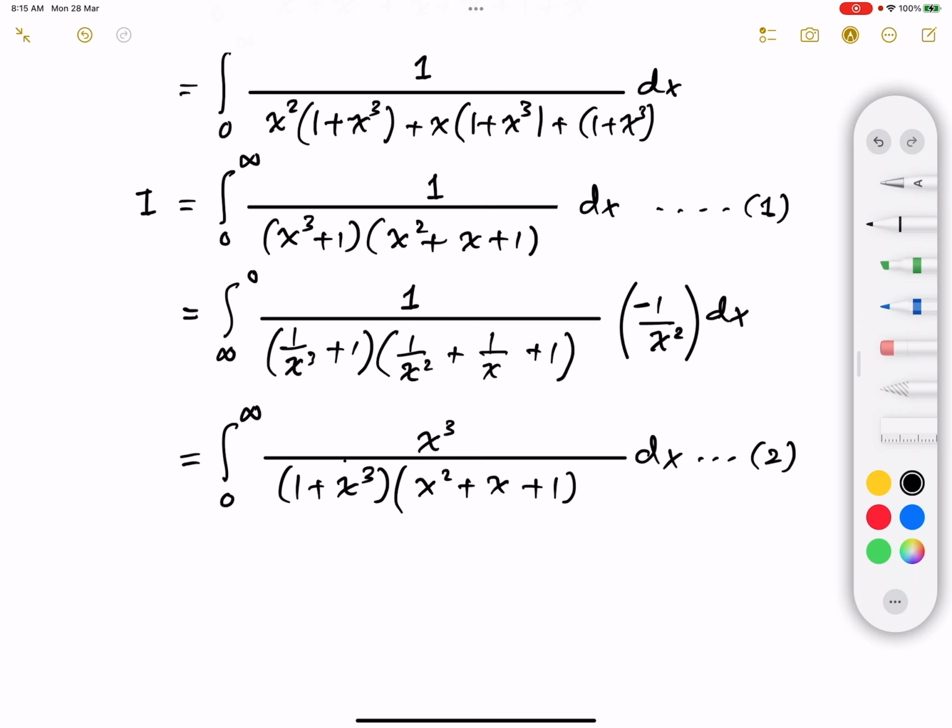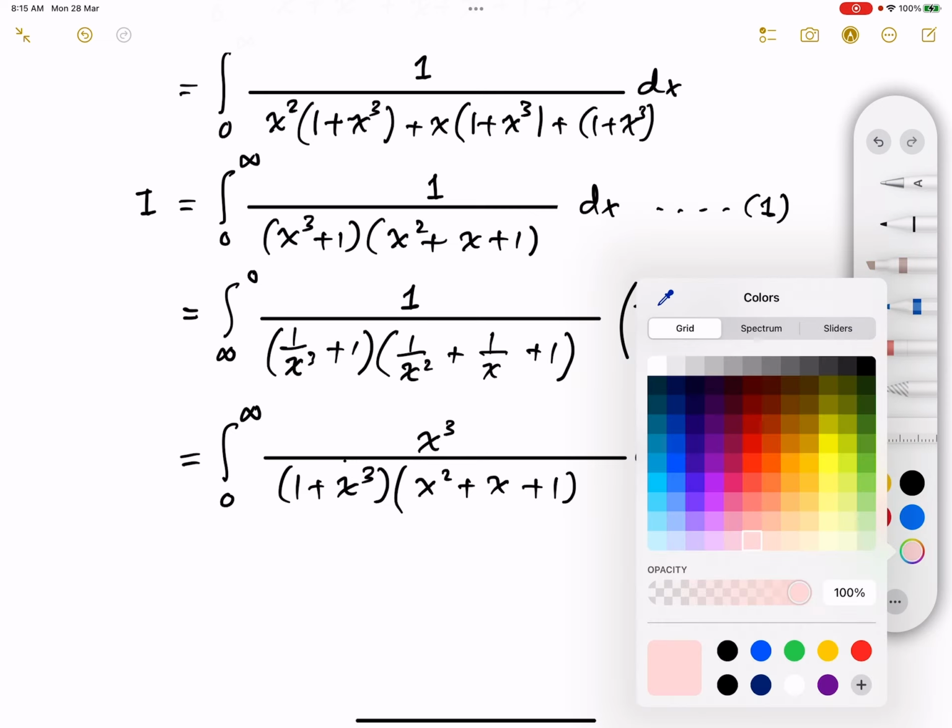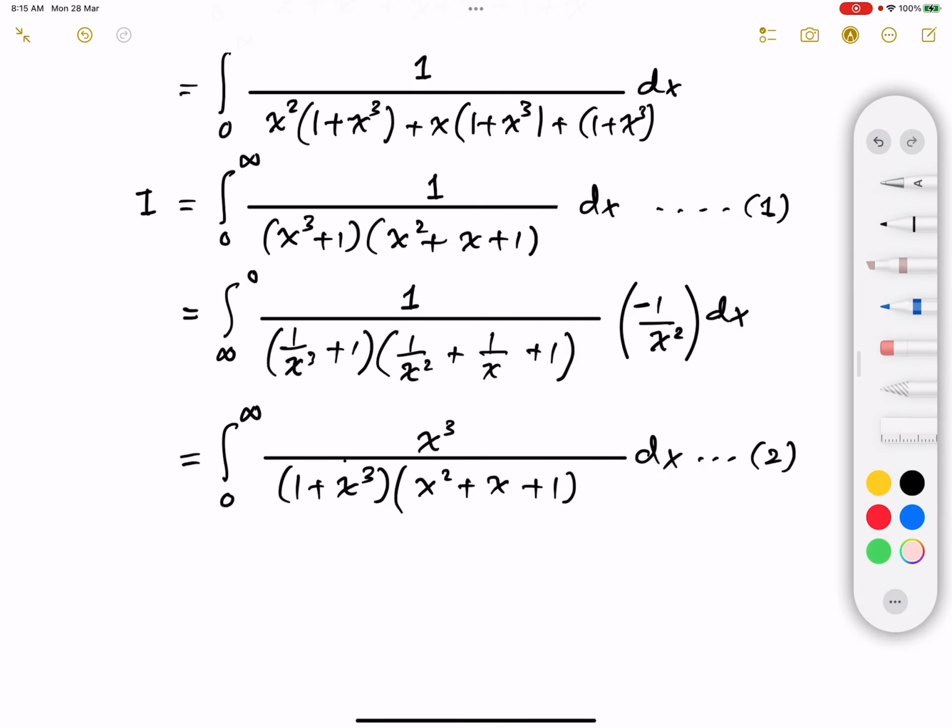Now, what I will do here is add up equation number 1 and equation number 2 together. If we do that, then 1 is going to be added to x cubed, and that is going to cancel with the denominator here.